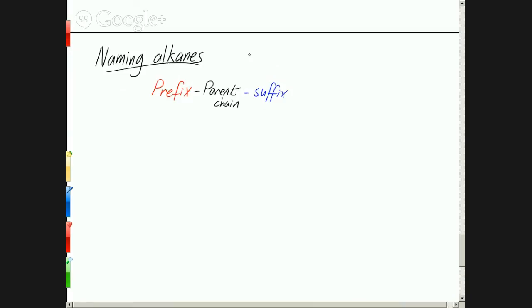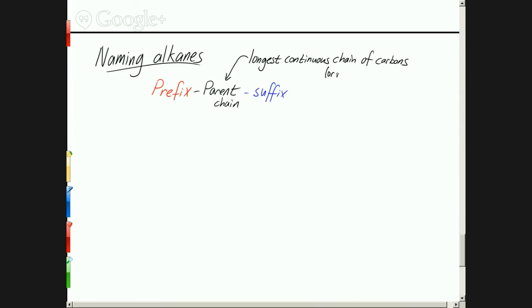So first of all, the parent chain, as you can imagine, that's going to be the most important part, and the part we're going to focus on first. And this is going to be the longest continuous chain of carbons.